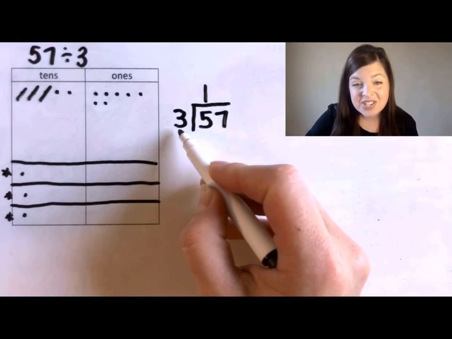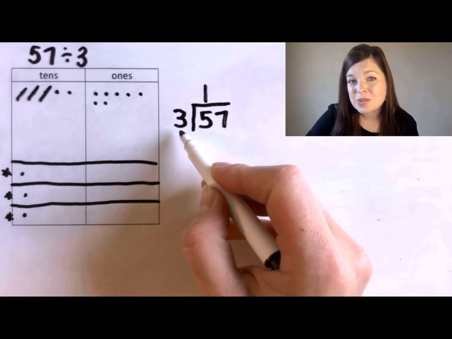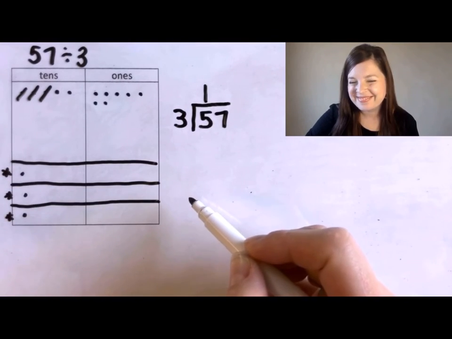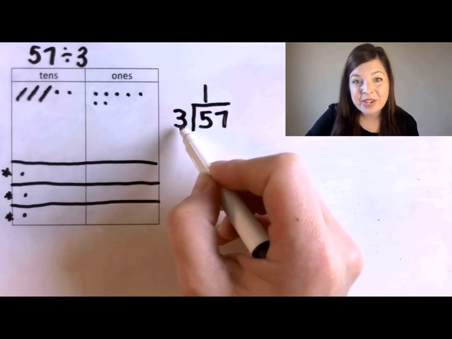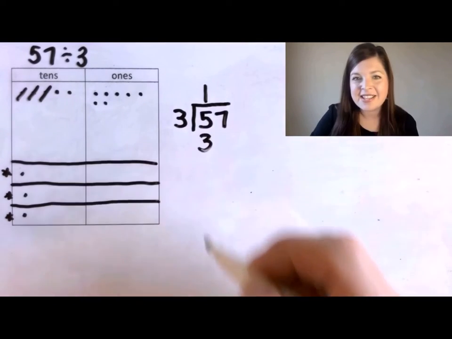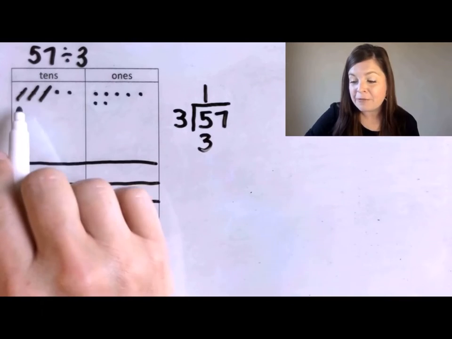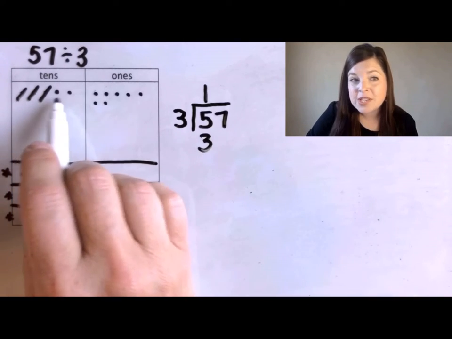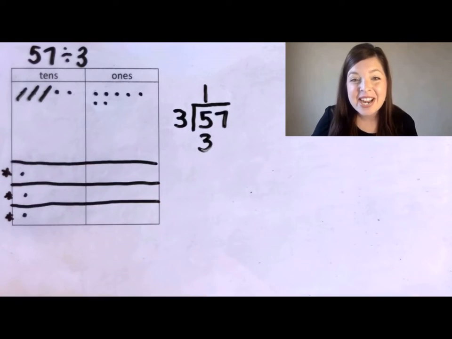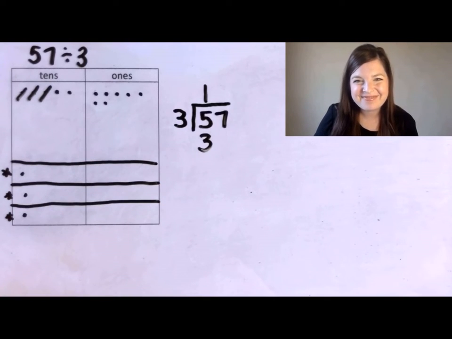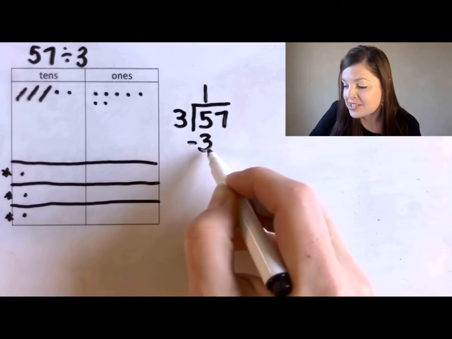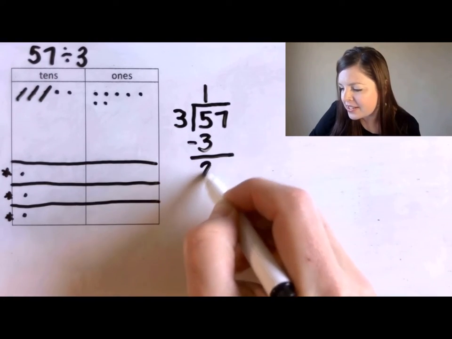Say a multiplication sentence that tells us how many tens we shared all together. 1 ten times 3 equals 3 tens. So we had 5 tens to share, we shared 3 tens, and we have 2 tens remaining. Say a subtraction sentence that tells us that. 5 tens minus 3 tens equals 2 tens.